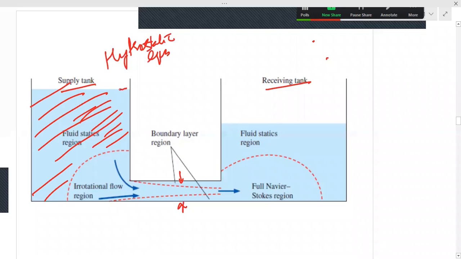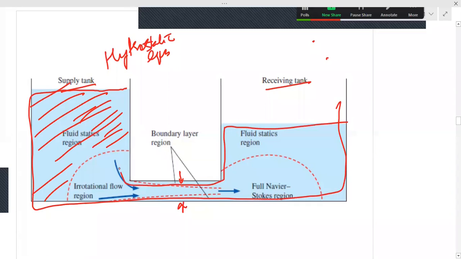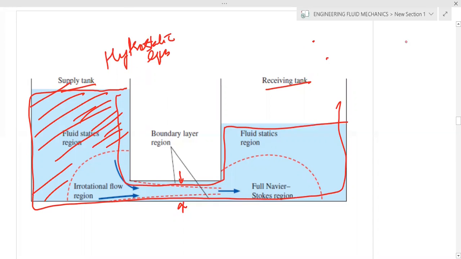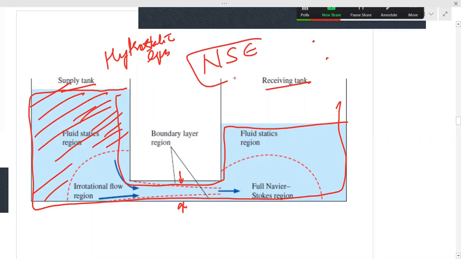You need not use the Navier-Stokes equation in the entire domain. So that is the utility of using approximations of Navier-Stokes equation. The best way to do it is you could have solved Navier-Stokes equation for the entire domain. Then what would be the problem?